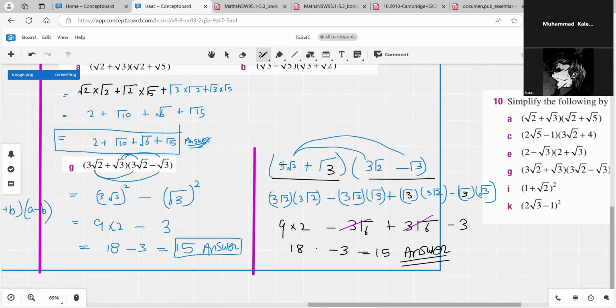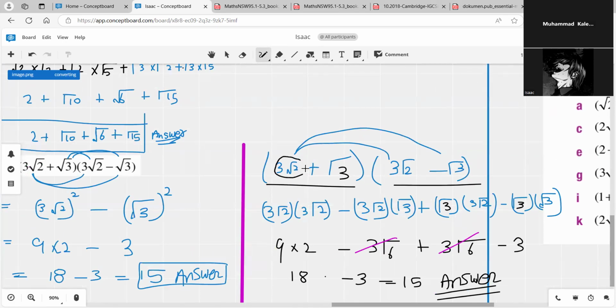Yeah. And then what I did, I picked this thing and multiplied with it. You can see here I'm just writing, I will multiply in the next step. Then this one will also be multiplied with this root 3, and its sign will also be changed. Why? Because this was positive, there is no sign with it, so it is considered positive, and this one was negative, so positive times negative will be negative. So here it will be 3 root 2 multiplied by 3 root 3, then plus, now it's time to multiply this root 3 with these two terms.